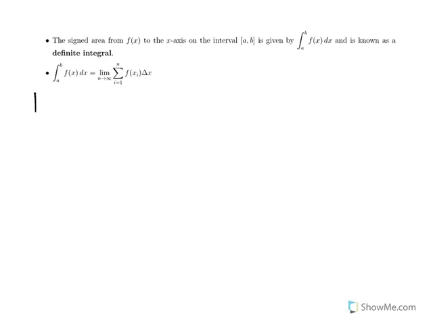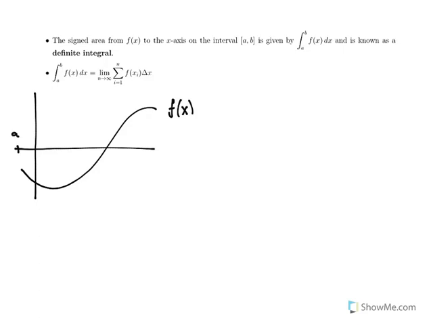So first, when we're thinking about signed area, let's think about what that means. So let's just draw a function here. Here is f of x. And if we're thinking from a to b, so we're going to have two bounds here, a and b, x values. We're talking about signed area. We're looking at from the function to the x-axis.